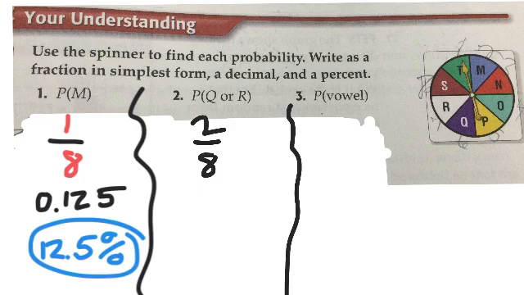Will that reduce as a fraction? It's 0.25 as a decimal, I agree. But will it reduce as a fraction? So what is 2 over 8 reduced to? You know how to do it in your calculator?